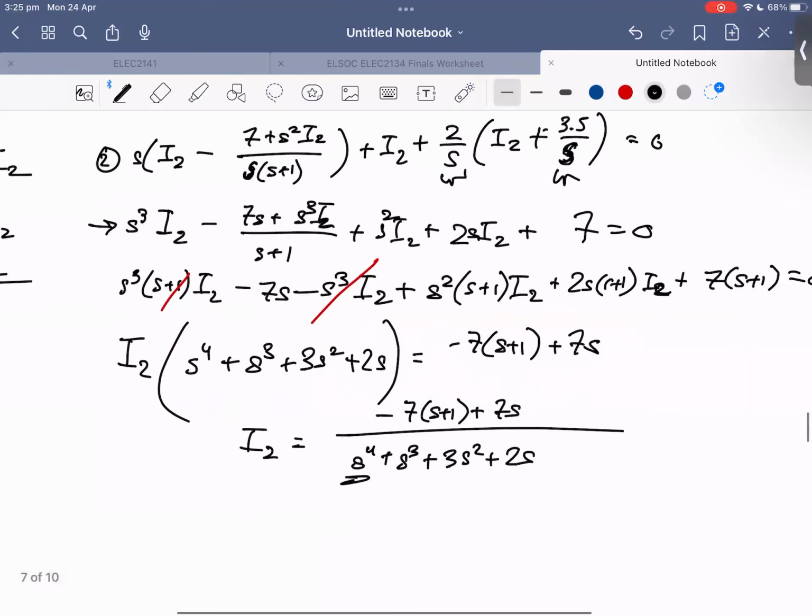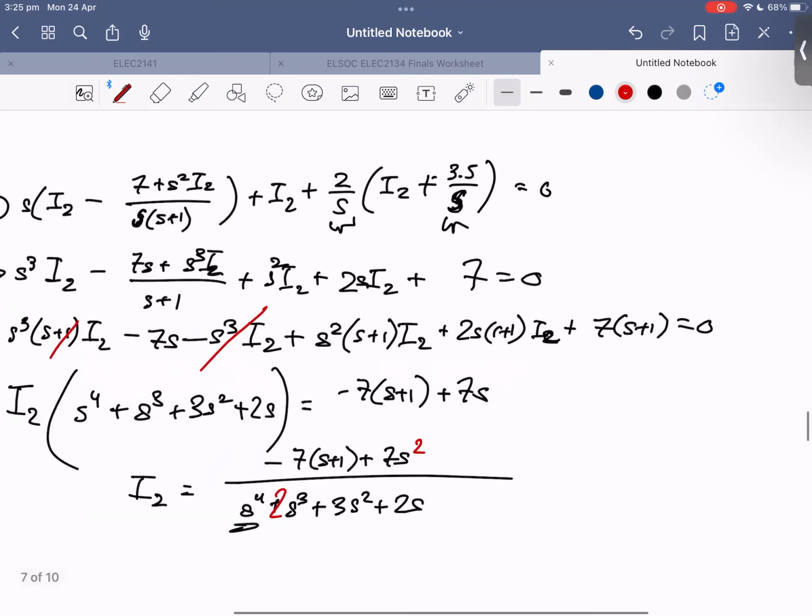So there should be an S squared here, and there should be a 2S cubed here, is what I had before. So 7S.